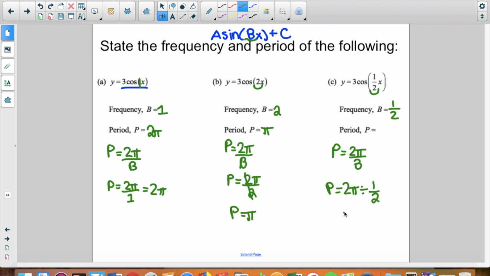I do this because we need to use keep, change, flip here. So we keep the first, change to multiplication, flip the second. 2 times 2 gives us a 4 pi. So our period is equal to 4 pi.